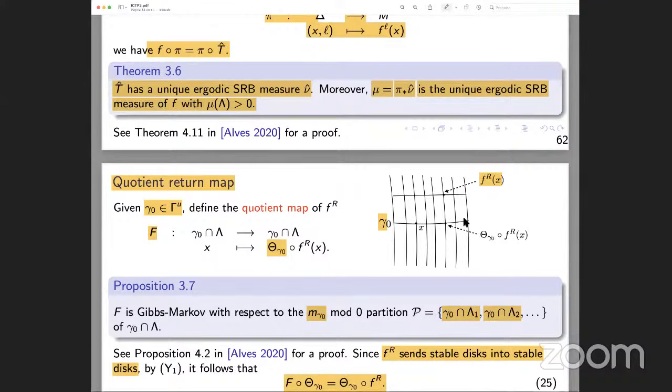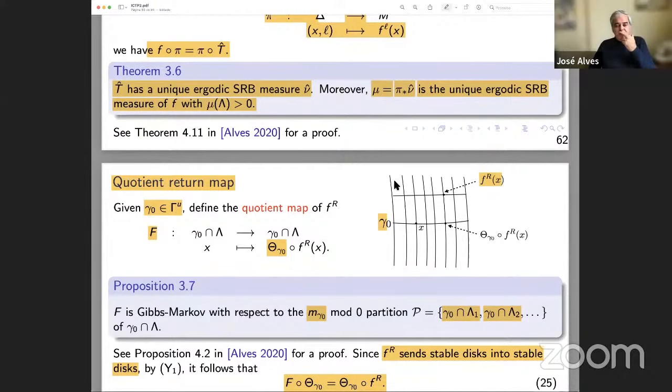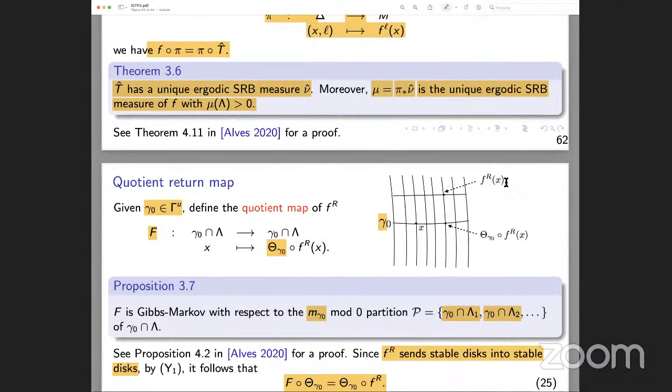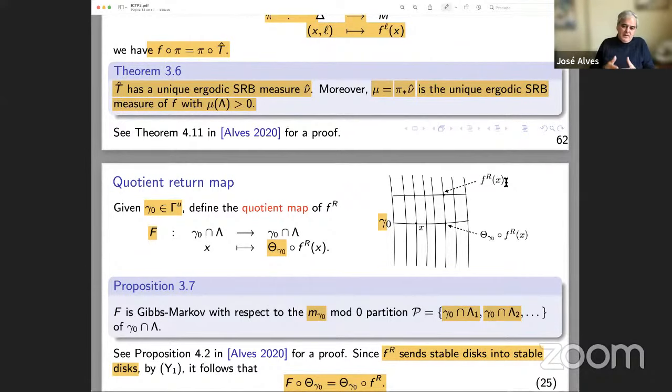So there is no holonomy? It's in one of the blue disks in the previous picture, so f^R of x is in one of the blue disks. It can be far away. But there is no holonomy to project back to gamma zero then? No, it's a point still in lambda. So there is a stable leaf through it and an unstable leaf through it.